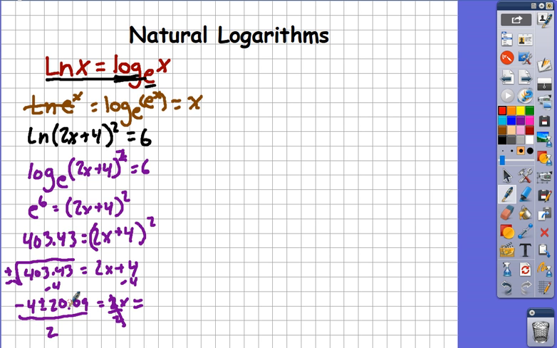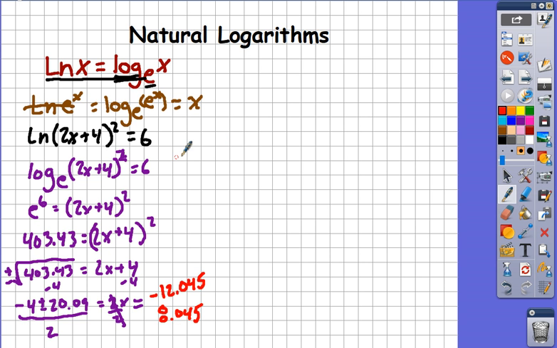Negative 4 minus 20.09 would be negative 24.09. Divide that by 2, we get negative 12.045. Now the positive answer, negative 4 plus 20.09 divided by 2, gives us positive 8.045. So we end up with two answers for this problem.